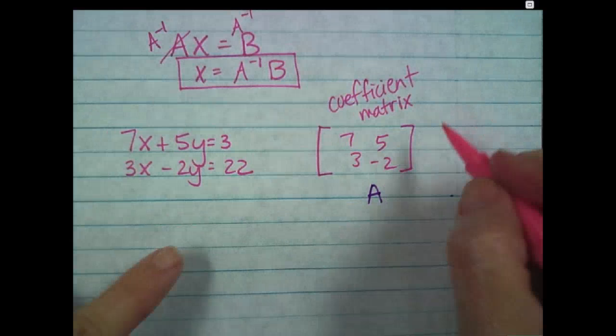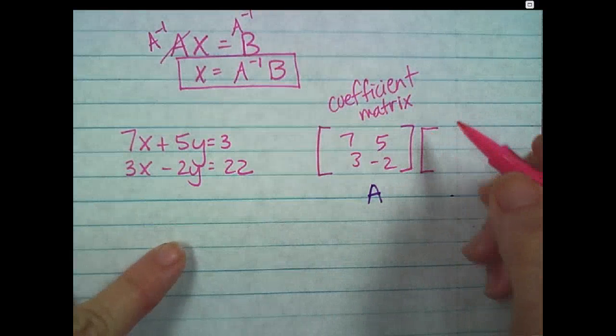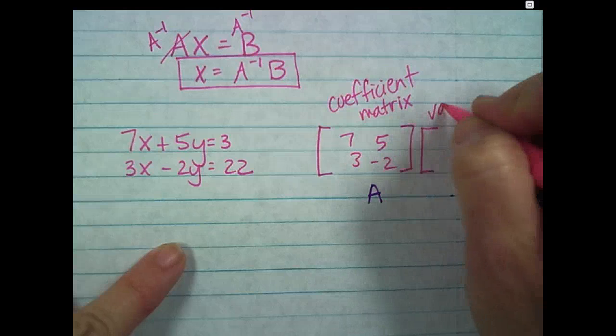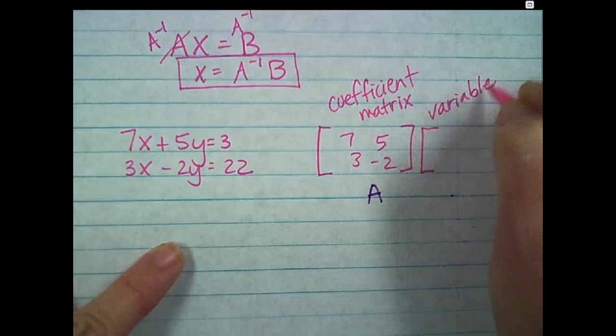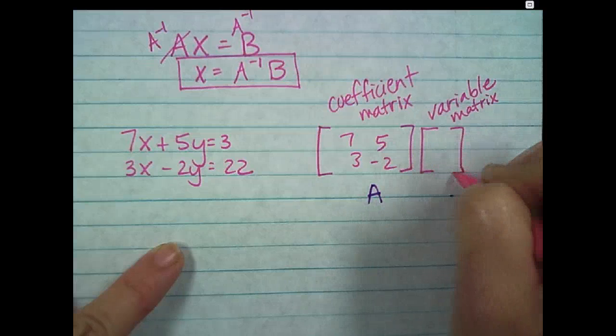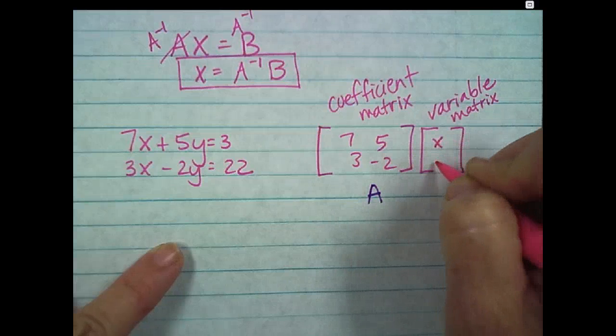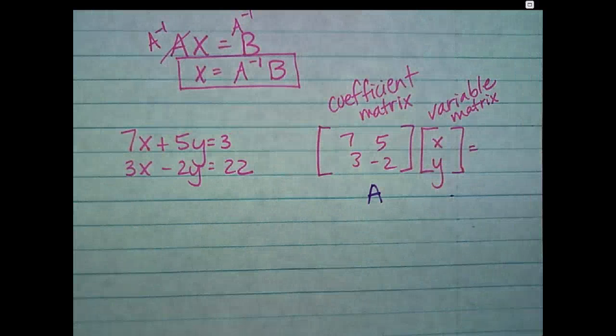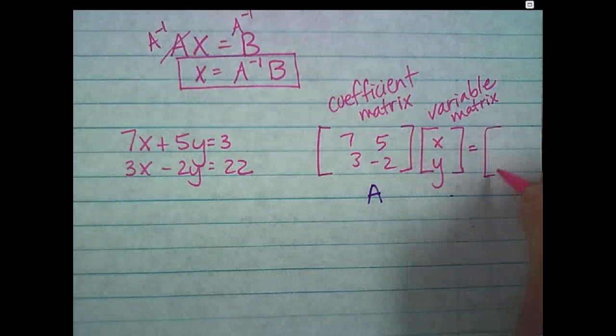Then the next piece of it is your variable matrix. And what 2 variables do we have, guys? X and Y. And it equals something called the constants, or your answers, 3 and 22.